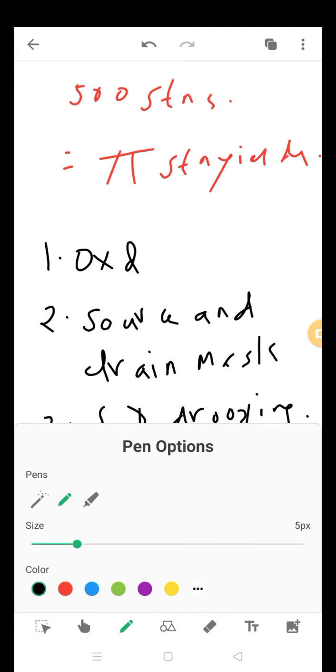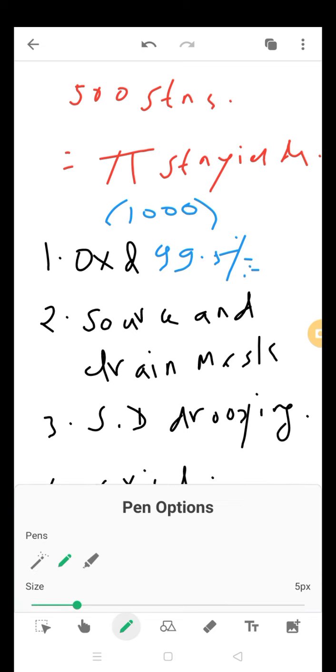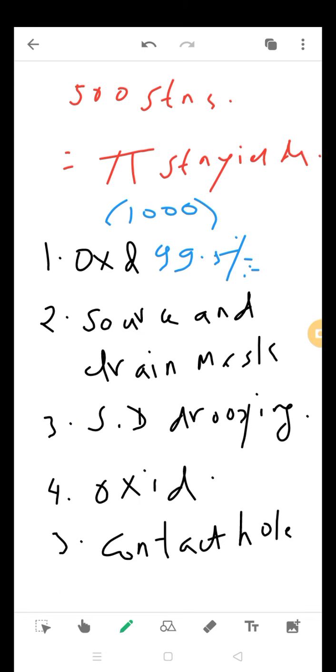Now suppose you start initially with 1000 wafers and the yield due to oxidation is say 99.5%. So ultimately the wafers which get oxidized will be 995 wafers because the yield is 99.5%. Now these 995 wafers will be used in the next step.